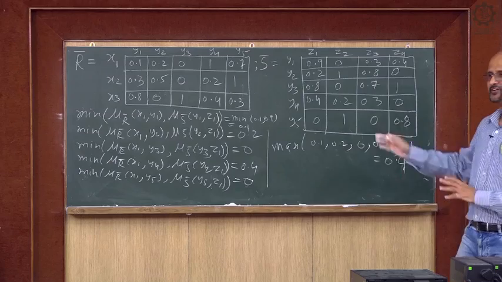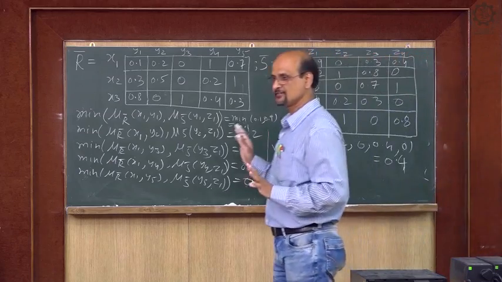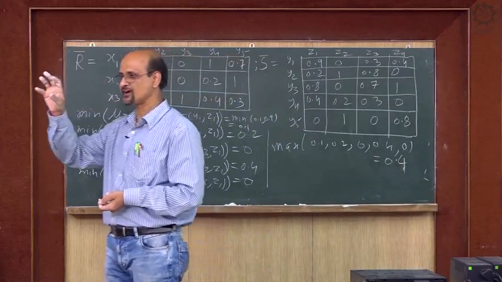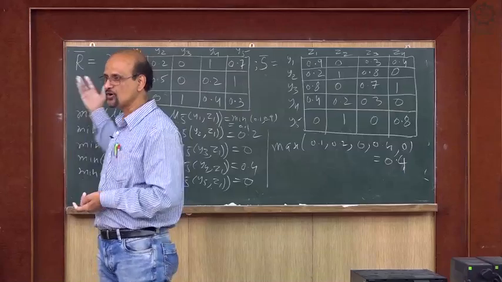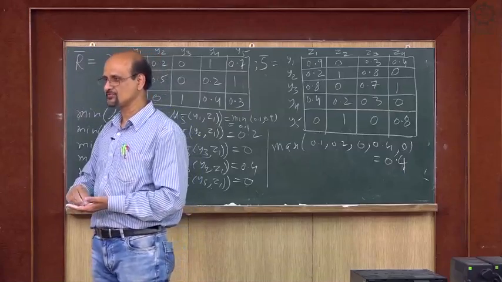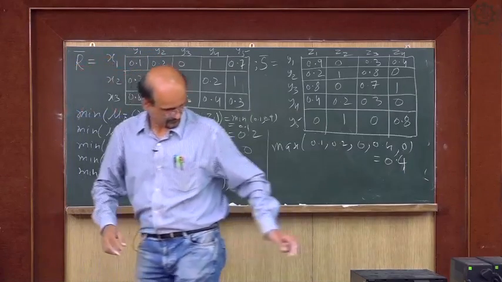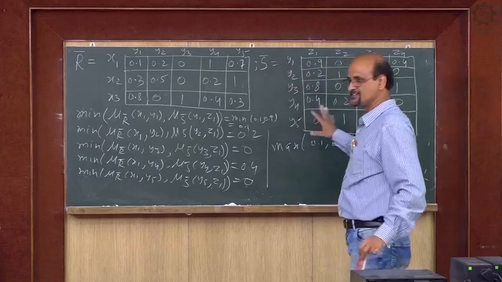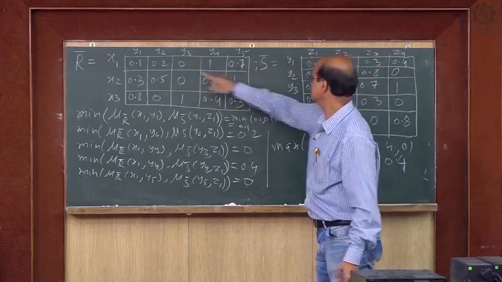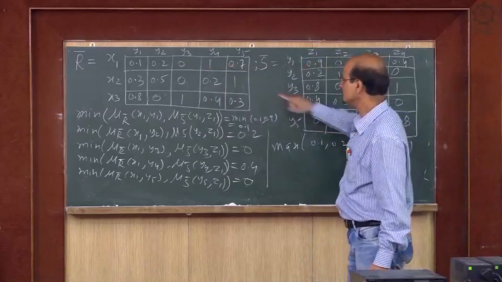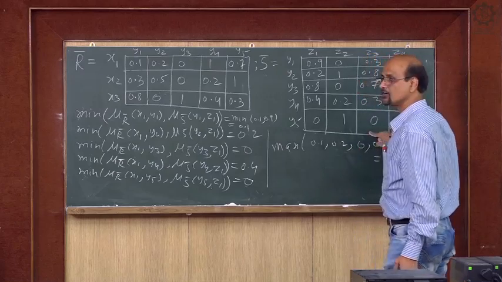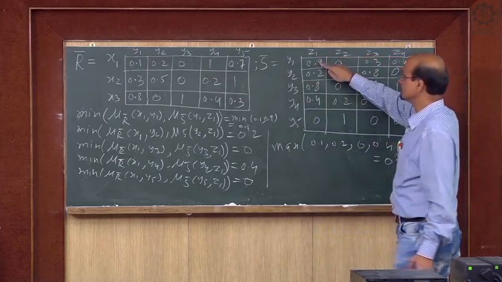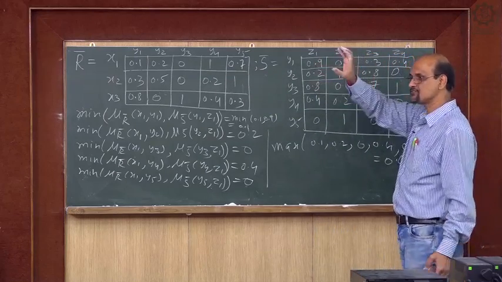Okay. So that's why it is max-min. So you got the first entry, as you get in matrix multiplication also. Similarly, first row, third column, first row, fourth column. So you will get R dot S first row.